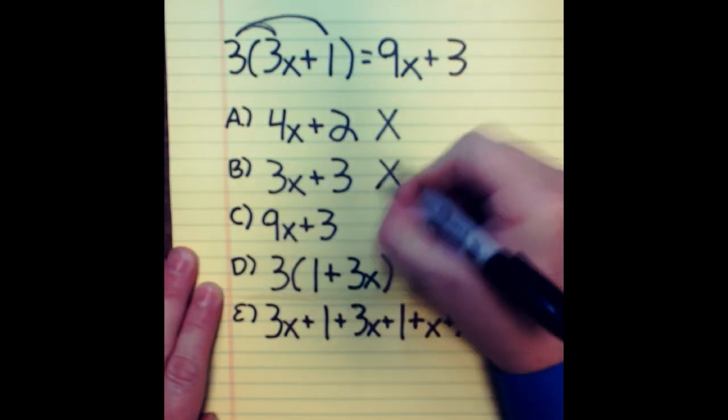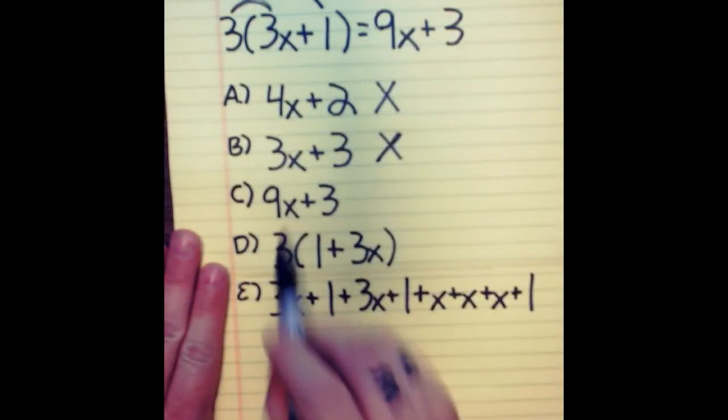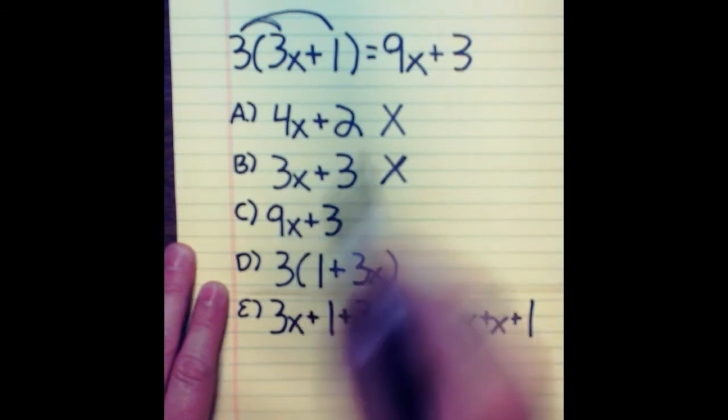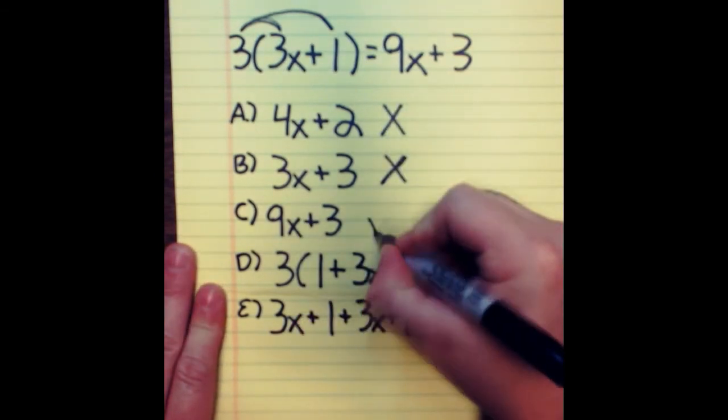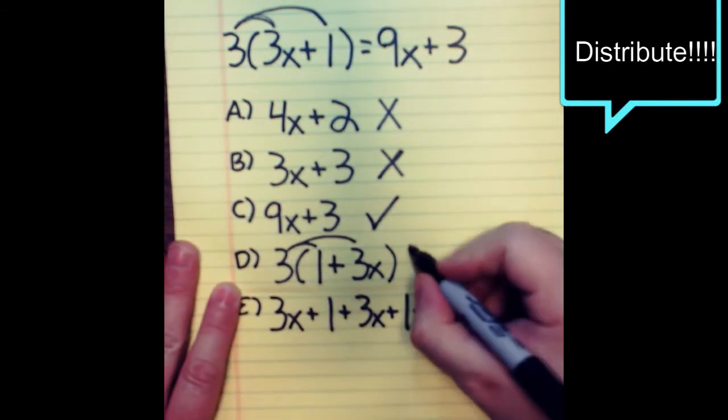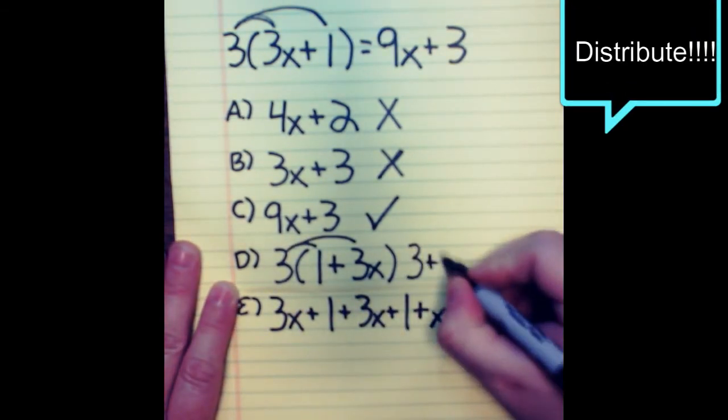Now, for D, it looks like we have a little work to do. So we can distribute again this 3 to here, and that would give us 3 plus 9x.